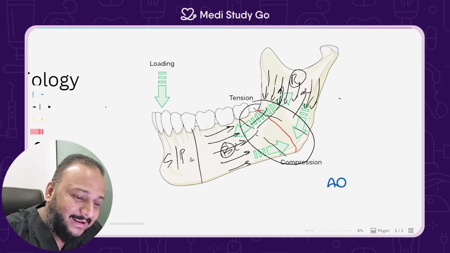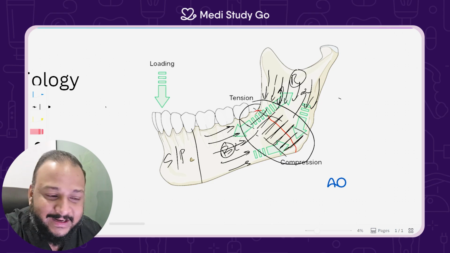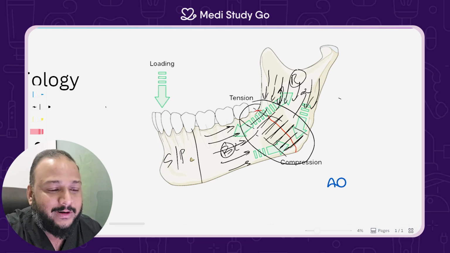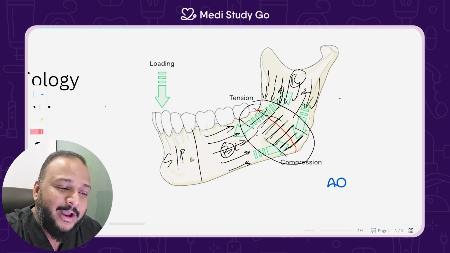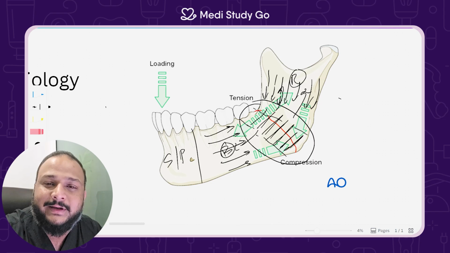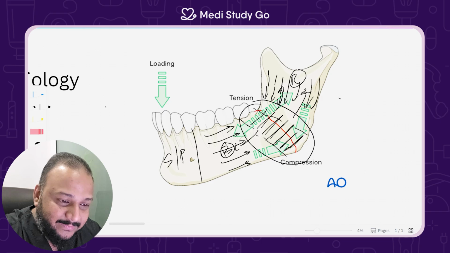However, this angle area is a mixing and merging point of the vertical and the horizontal grain of the mandible. Furthermore, the presence of an impacted or a non-impacted third molar always affects the strength of this area. That is why the force required to fracture the angle of the mandible is much lesser than its other counterparts, the other parts of the mandible.